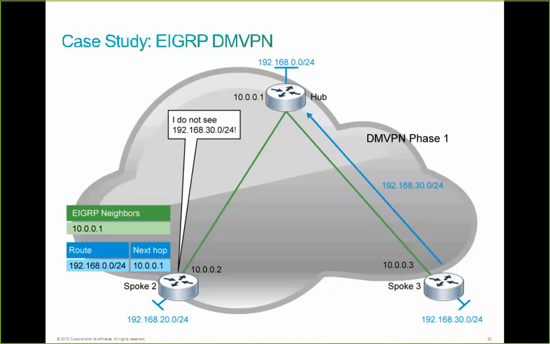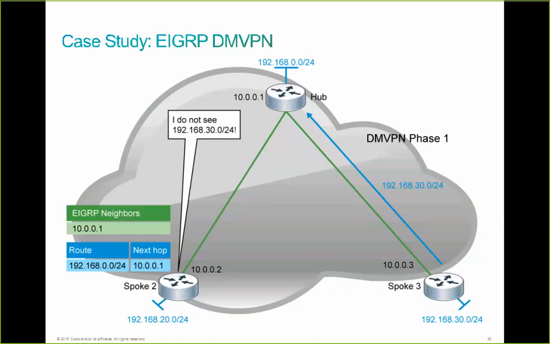In the diagram, spoke 3 router is going to advertise its connected network, which is the 192.168.30.0/24 subnet. The hub router then receives that advertisement, and then it places that route into its own routing table because it learned it from spoke 3. And then the hub, because it has an adjacency established with the spoke 2 router, also learns about the 20 subnet from the spoke 2 router.